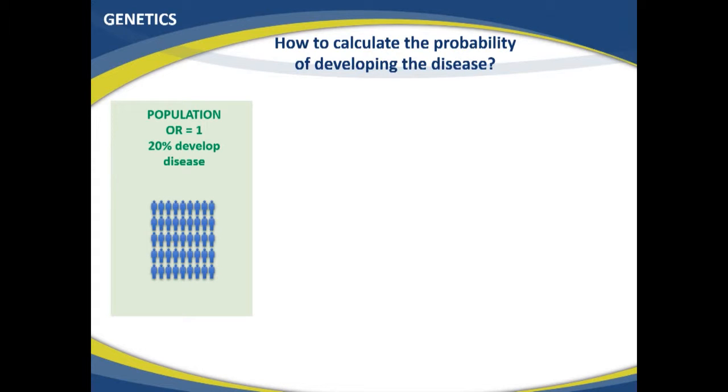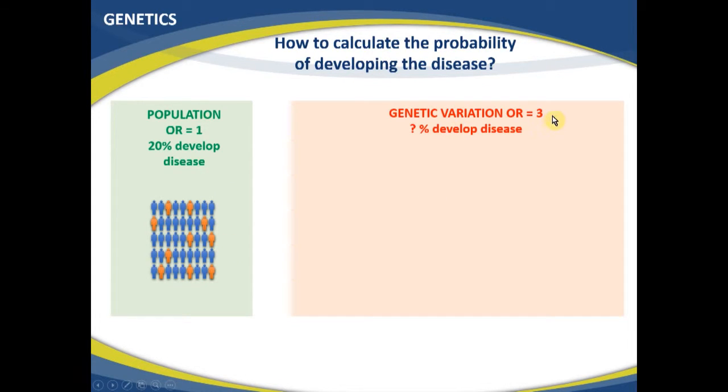now let's look a bit deeper into the calculation of what it means to have a certain odds ratio. If you have an odds ratio of 1 and you know that 20% of the population develop the disease, so you have a group of people, 20% get the disease. If you have an odds ratio of 3, now the question is, what is the likelihood of developing the disease?